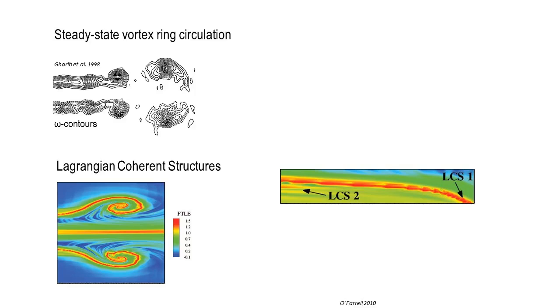An alternative method is the method of Lagrangian coherent structures in the finite time Lyapunov exponent fields. Here we can notice the discontinuation of the positive FTLE field, or the repelling material line, or alternatively we can compute the repelling material line and the attracting material line in the positive and negative finite time Lyapunov exponent fields respectively, and look at the intersections of these two material lines to demarcate the vortex, and use that to compute the circulation within the vortex ring and compare it to that in the wake.